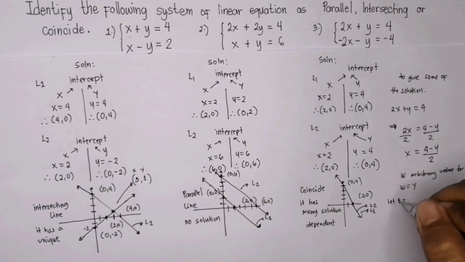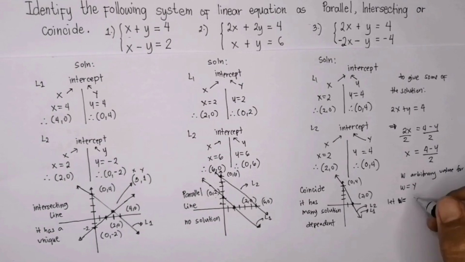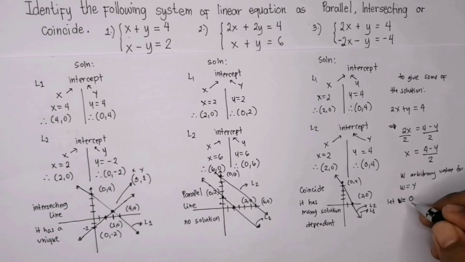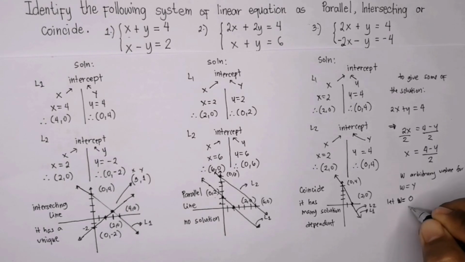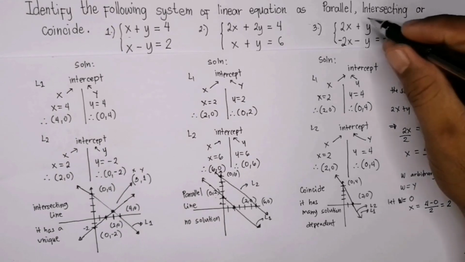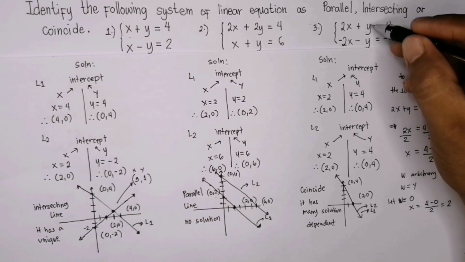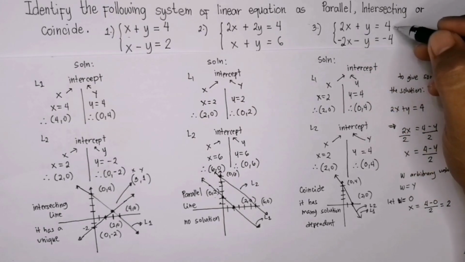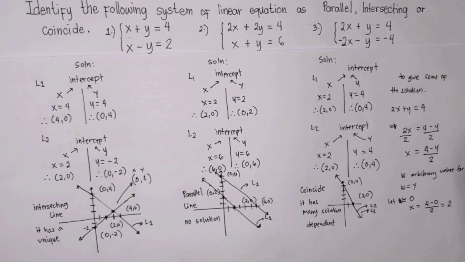Let's say w equals 0. So we have here x equals 4 minus 0 over 2. In short, if we substitute it here, if the value of y is 0, then the value of x is 2. So 2 times 2 is 4. Satisfied.